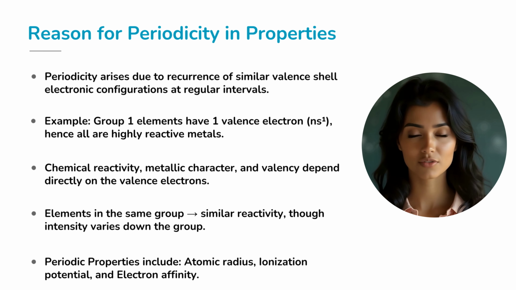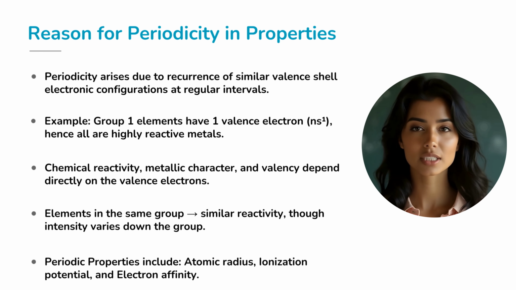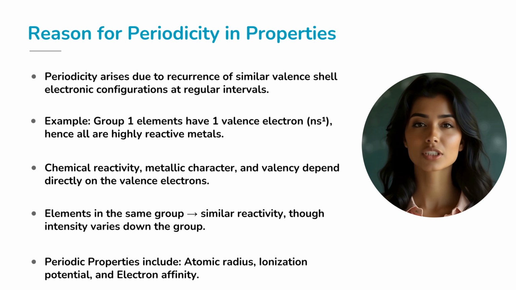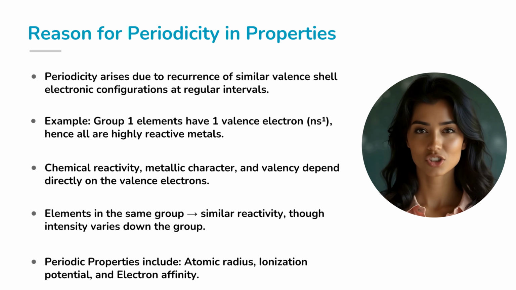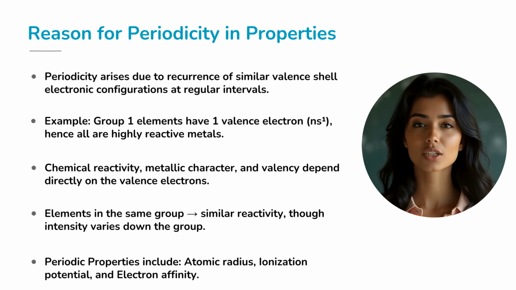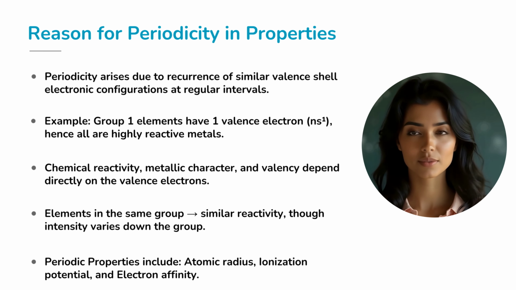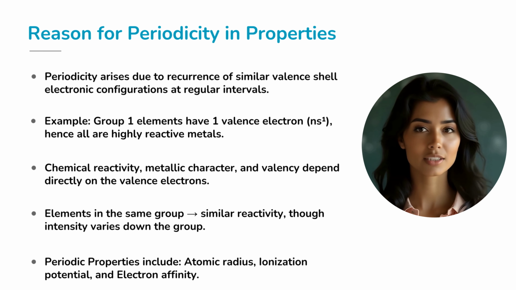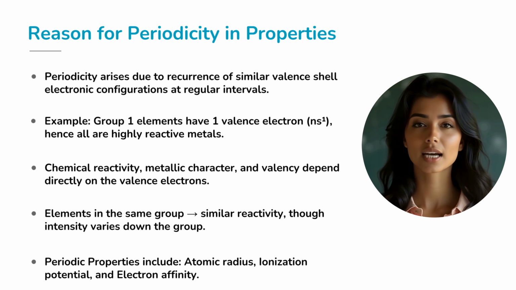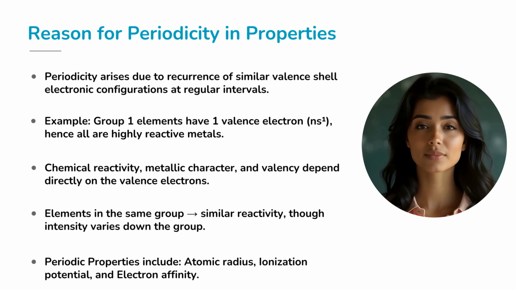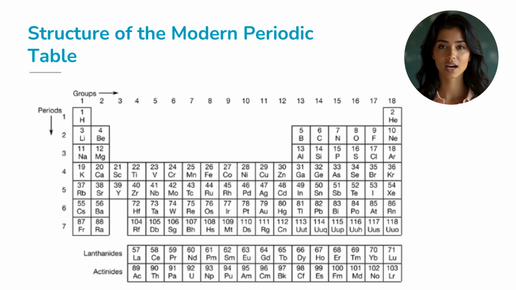This leads to observable trends known as periodic properties: the atomic radius, which is the distance from the nucleus to the outermost electron; ionization potential, the energy needed to pull an electron out; and electron affinity, the energy released when an atom gains an electron. These properties rise and fall in patterns that repeat as we move across the table, and that is the beauty of periodicity. Now, let us look at how the modern periodic table is arranged.